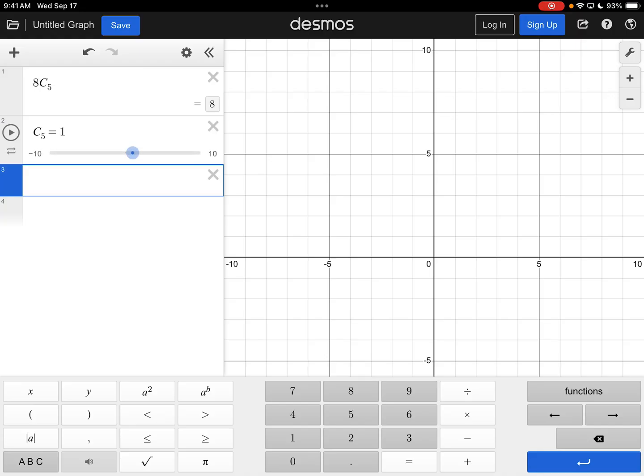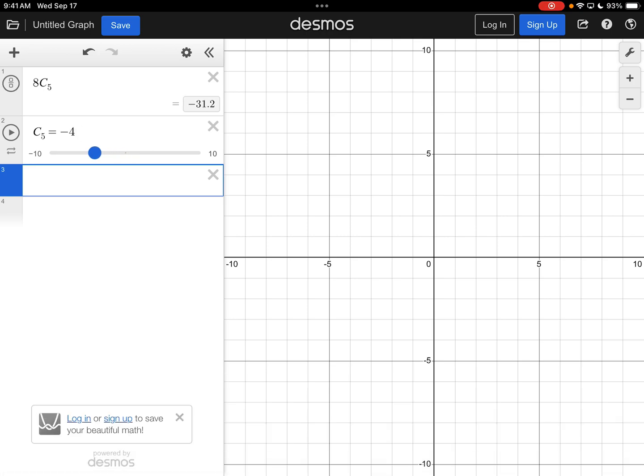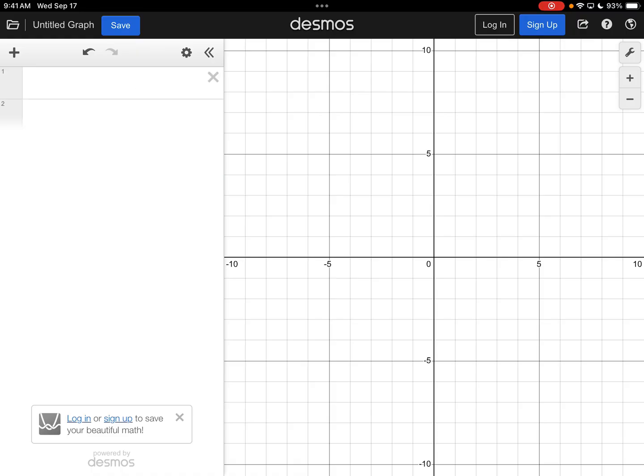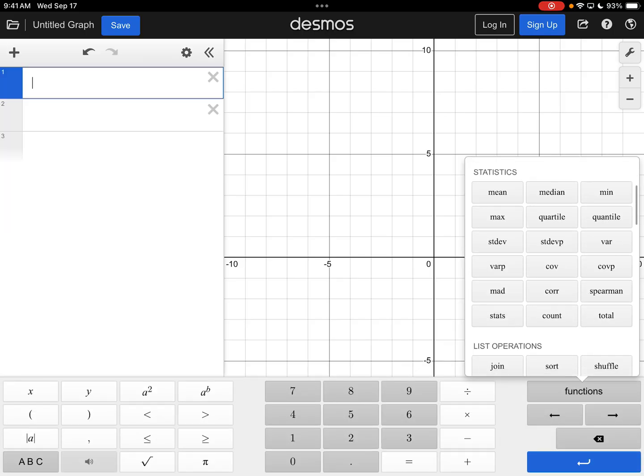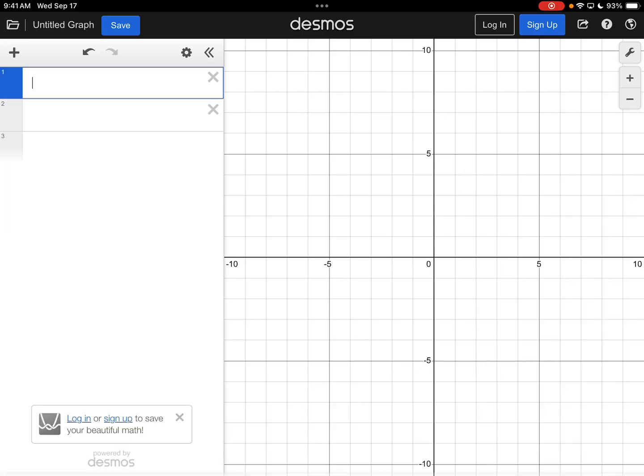That's not it. But it should be a subscript. What is it doing? I might have to Google it. I don't really know how to do the function. All right, I will figure out how to do it on Desmos.